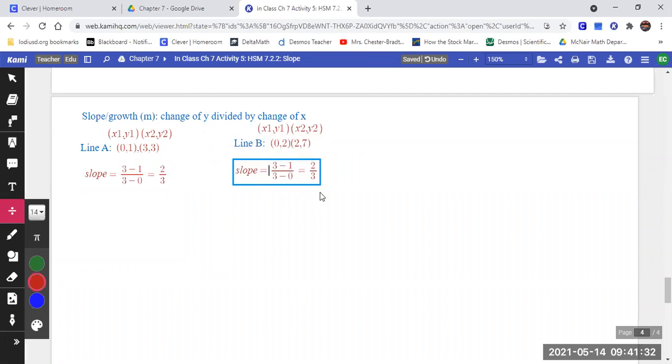But the numbers are different because my Y's say 7 and 2, and the X's say 2 and 0. So what do we get when we simplify it?